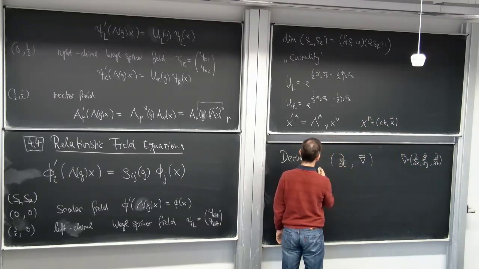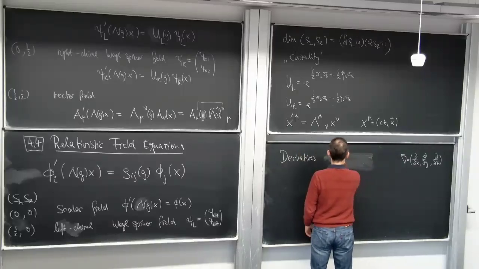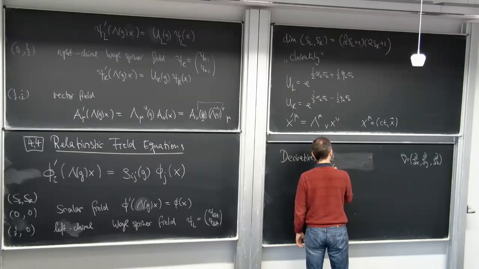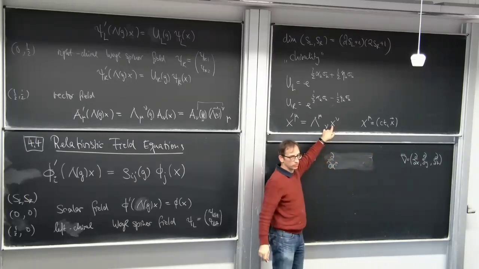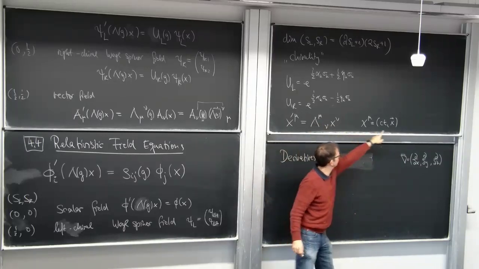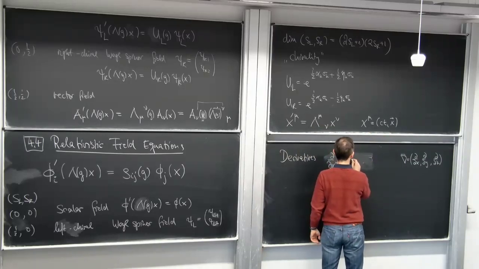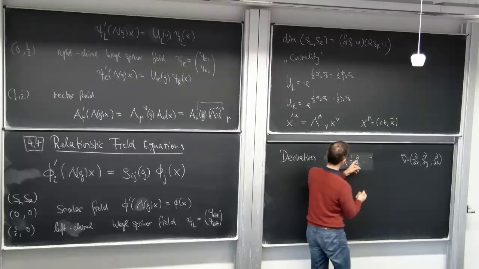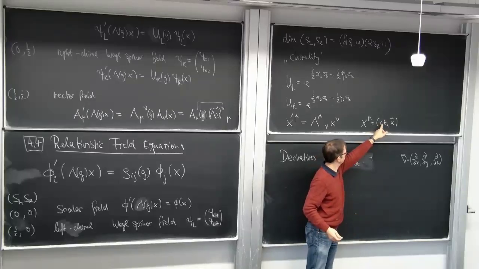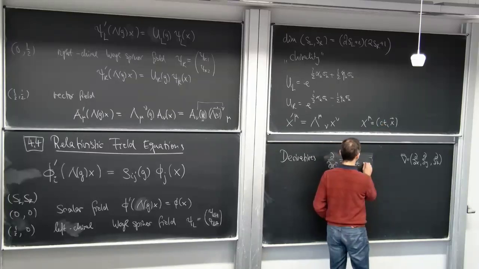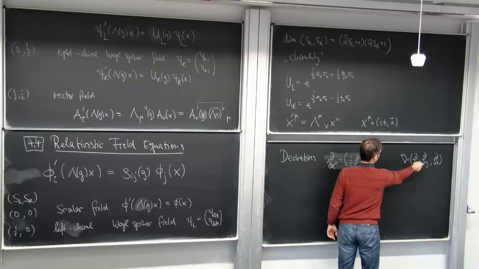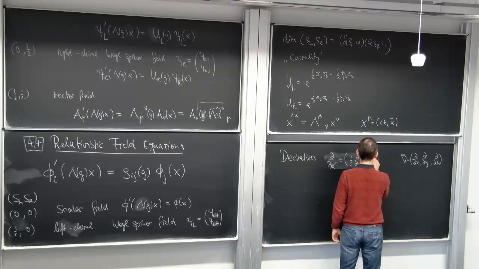Obviously it does, because I'm differentiating with respect to all the components here, all of them. So the first one is 1 over c d by dt. It's really differentiated with respect to ct, but the c is a constant, so I'm pulling this out, and we have the spatial derivatives in it.